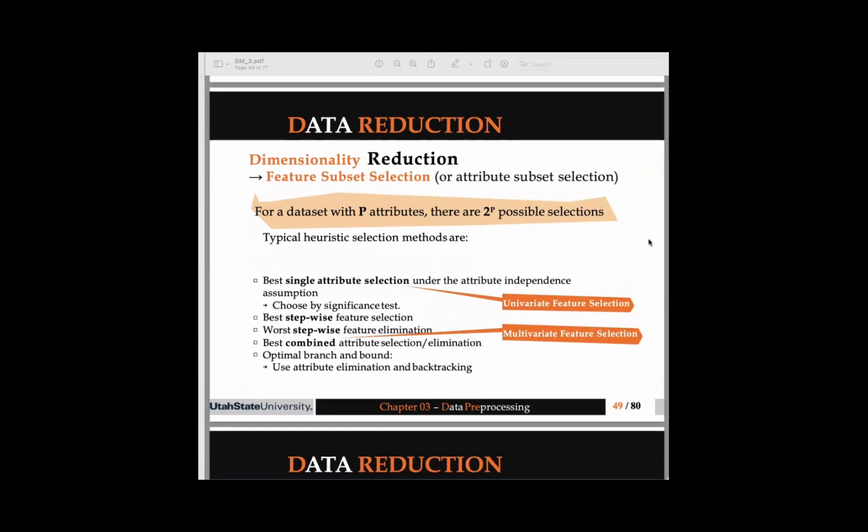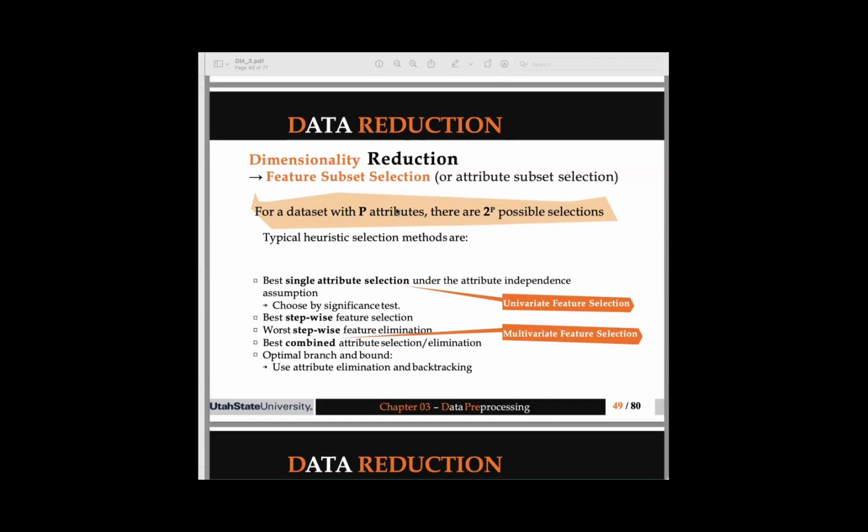Now feature selection is quite a different thing that we typically do before modeling, and this is also for the sake of reducing the size of the data set and having a more powerful model by reducing redundancy in the features, and also speeding up the process of learning. So typically, we talk about if you were to find all the possible features that exist in my data set, right?